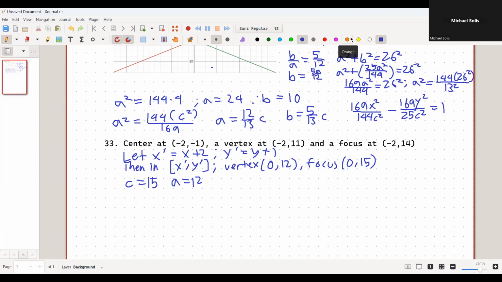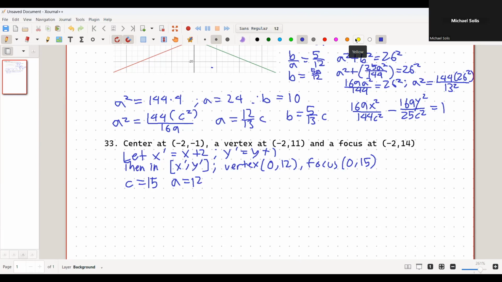So value would be, so square root of 15 square is 12 square.